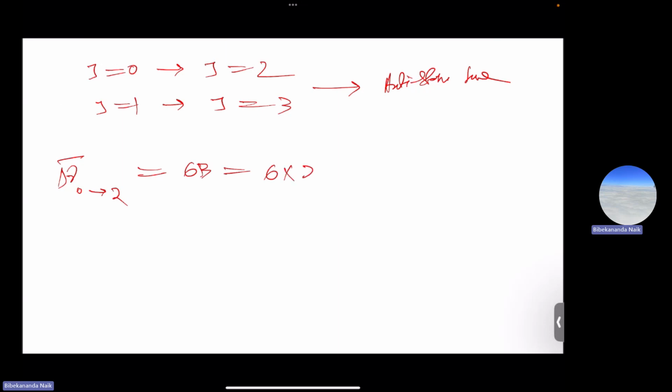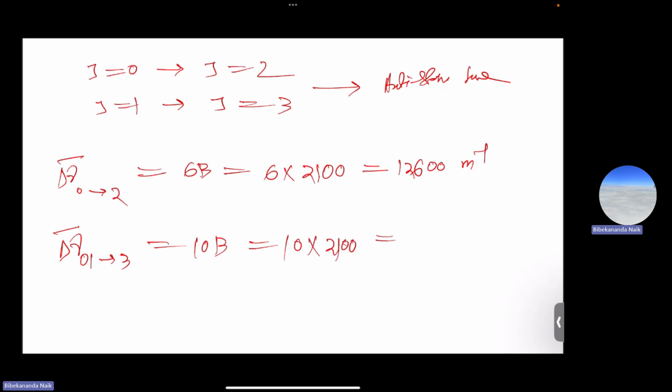So 6 into 2100 is 12600 meter inverse. Then 1 to 3 is 10B, 10 into 2100, which is 21000 meter inverse. So one line will be nu 0 bar plus 6B, another line will be nu 0 bar plus 10B.